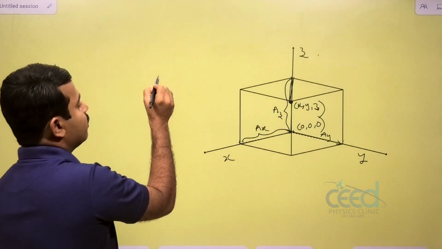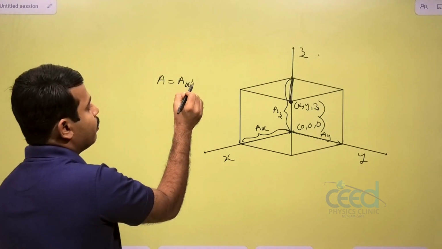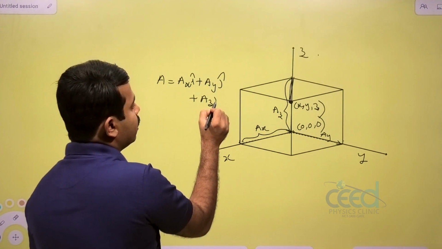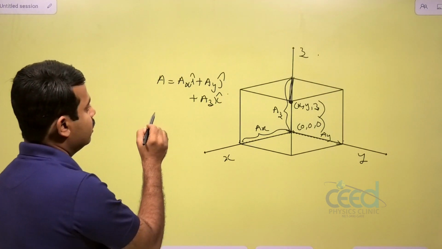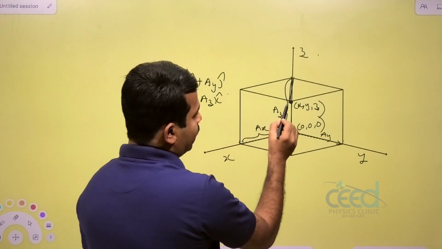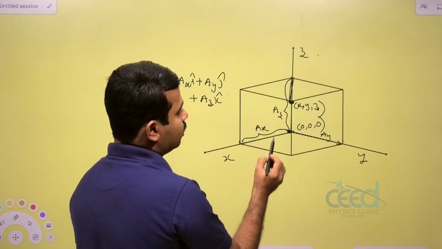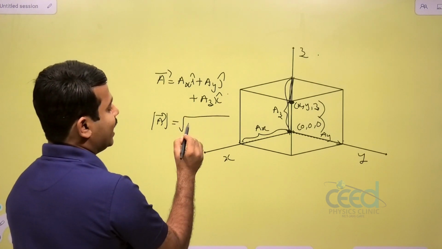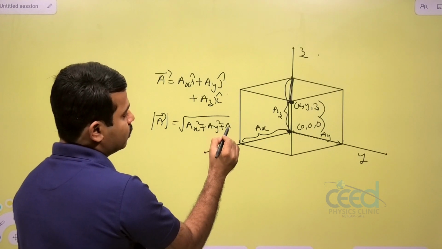So this point we can represent as a is equal to ax i cap plus ay j cap plus az k cap. Then what is the magnitude of a? That means the length of that diagonal, the vector from the origin. This diagonal length is root of ax square plus ay square plus az square.